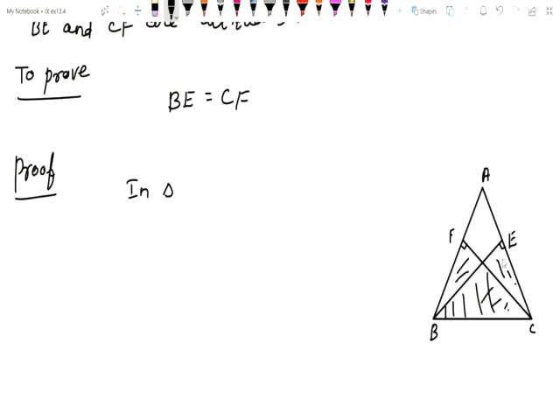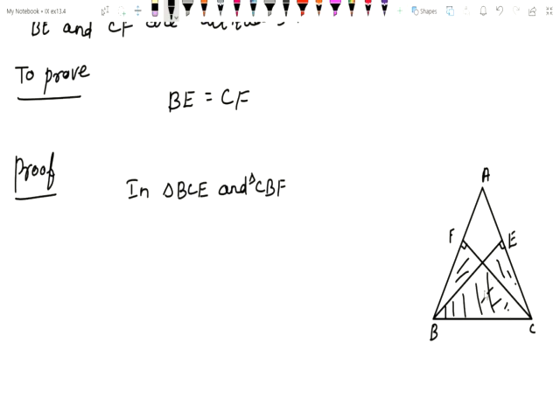These two triangles we are taking. In triangle BCE and triangle CBF.